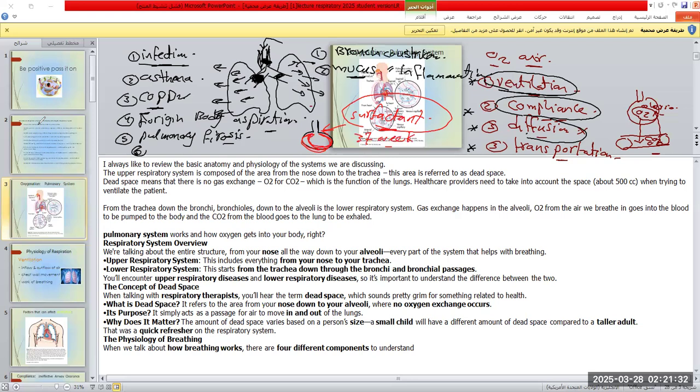So if a woman goes into preterm labor, her child will suffer from surfactant deficiency. So here we can write type 2 surfactant deficiency. Surfactant deficiency. So what else can you think of?